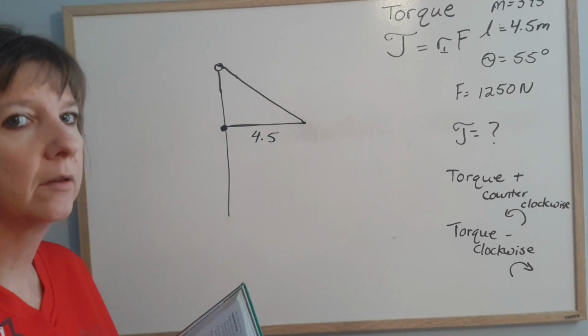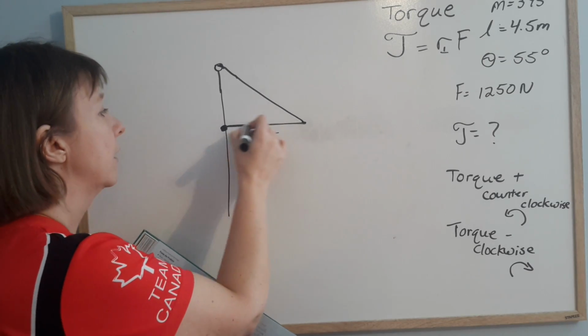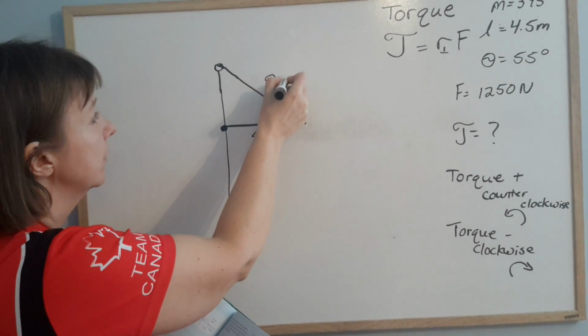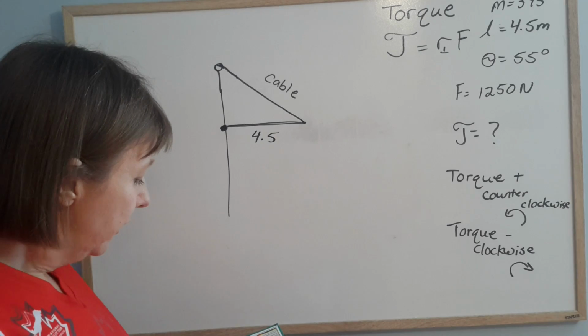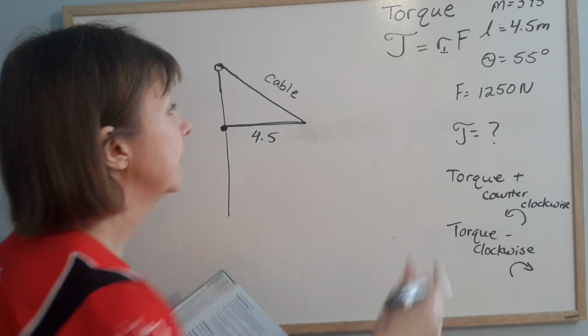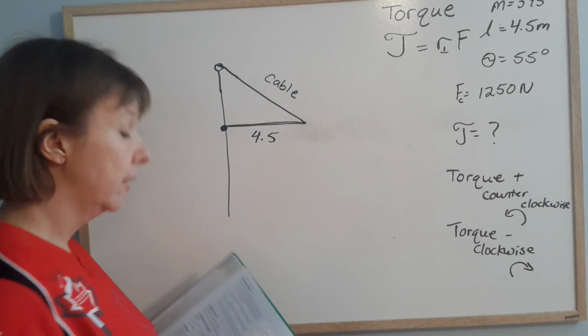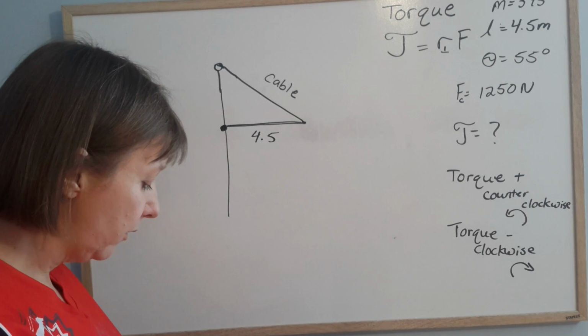The length of the crane arm is 4.5, and this is the cable that is attached. So the force that the cable is applying here is 1,250 newtons.